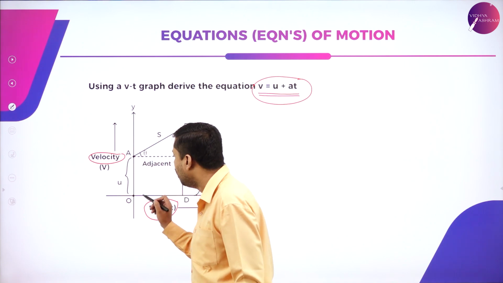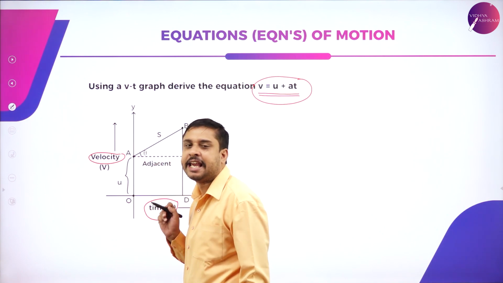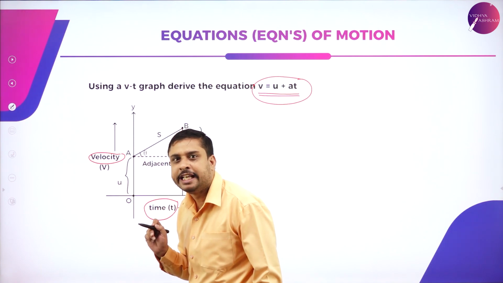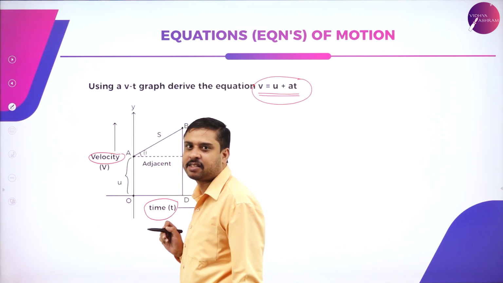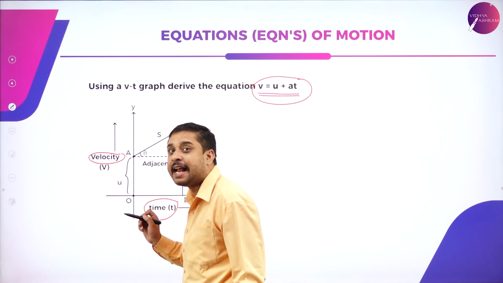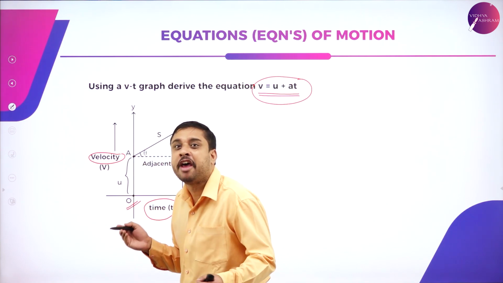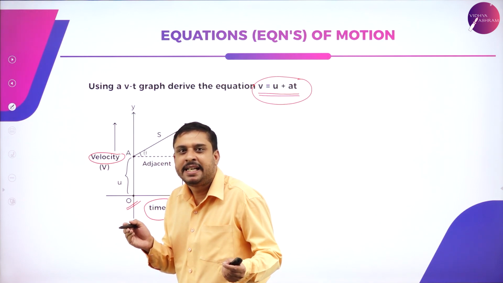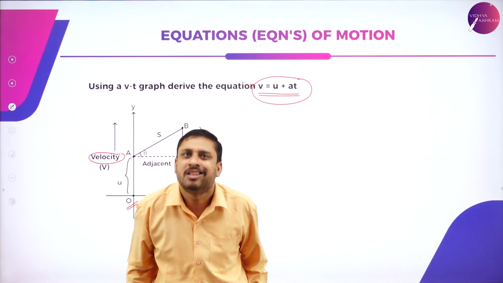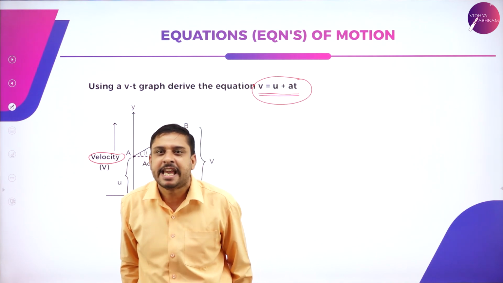Now, to begin with, initially I will consider a body which is at rest. So since I say the body is at rest, its position has to be at the origin. When time t equals 0, see, in physics, it is absolutely nonsense saying t equals 0, time equals 0.